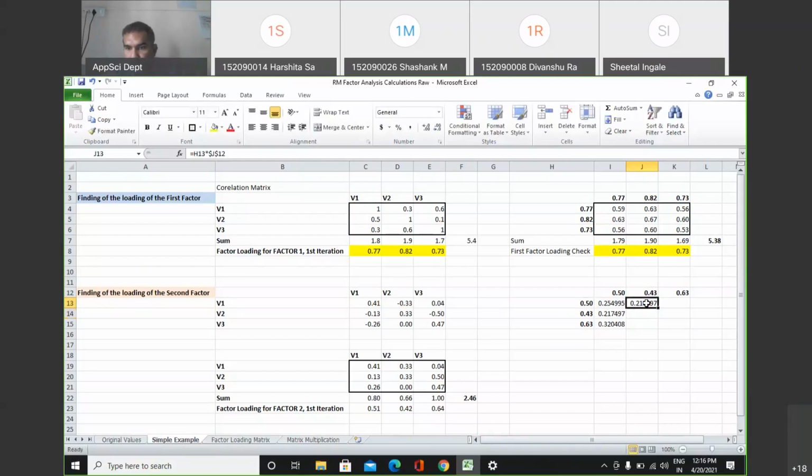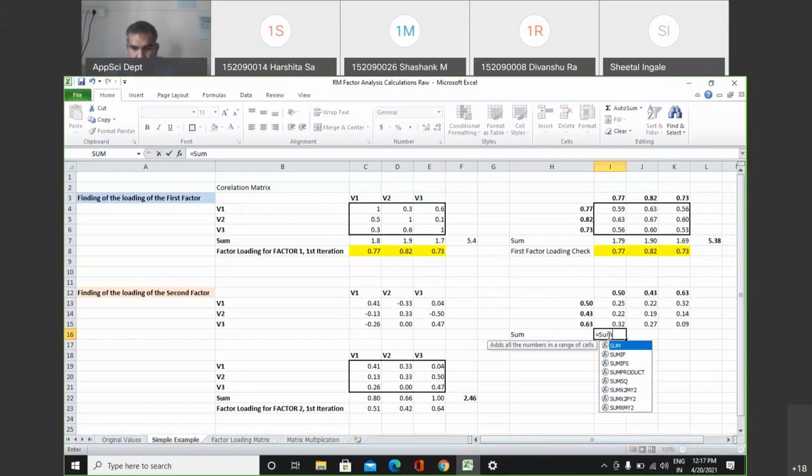Here I will fix the K value. I can reduce the number of decimal places quickly.